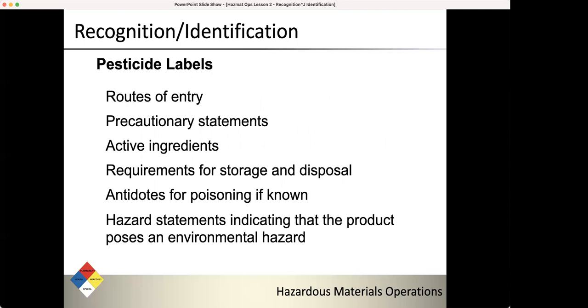The pesticide label will also tell you how the pesticide will enter the body, so the routes of entry, any precautionary statements, the active ingredients, requirements for storage and disposal, any antidotes for poisoning if known, and also any indication that it's an environmental hazard.